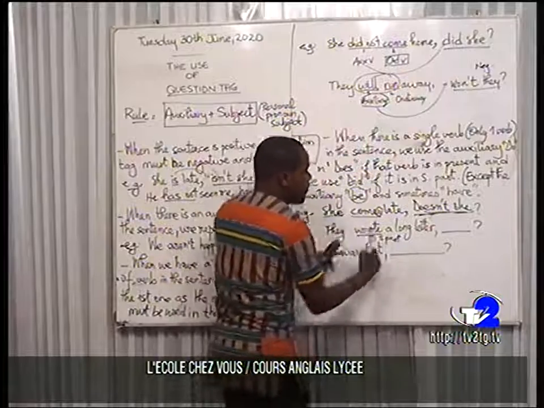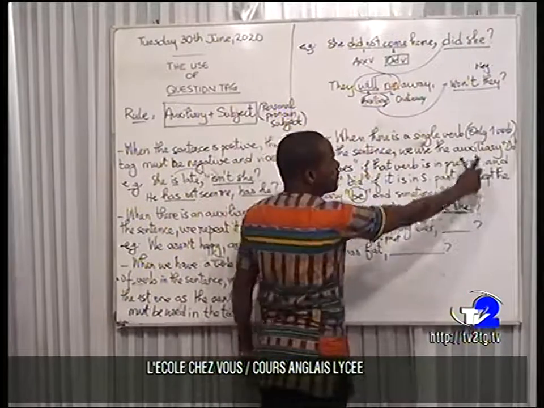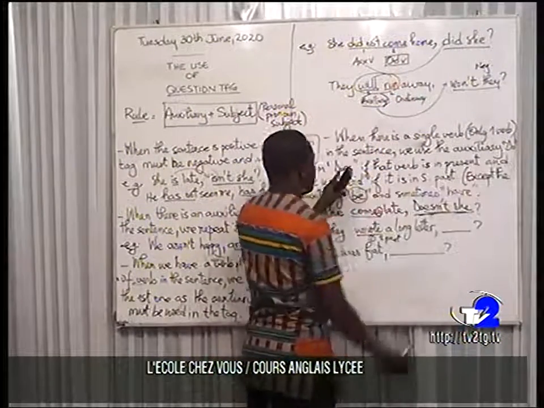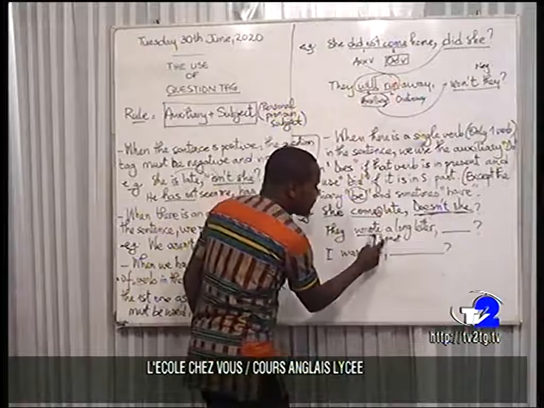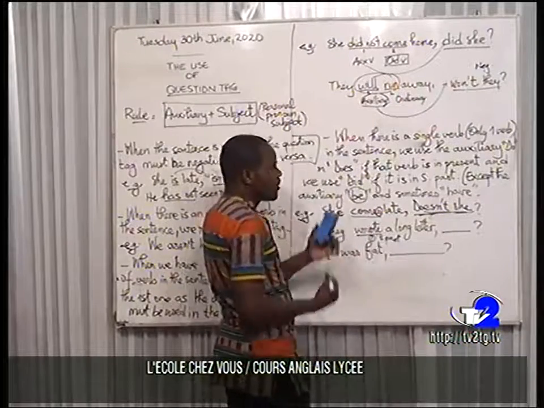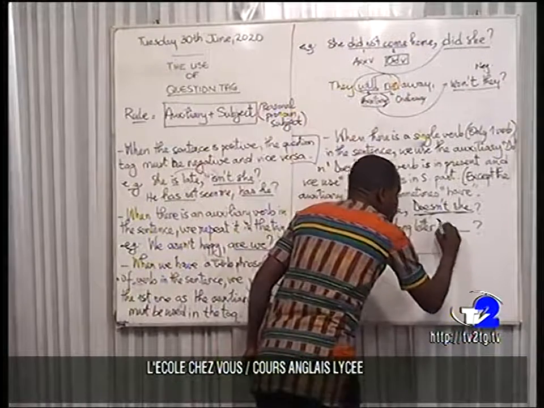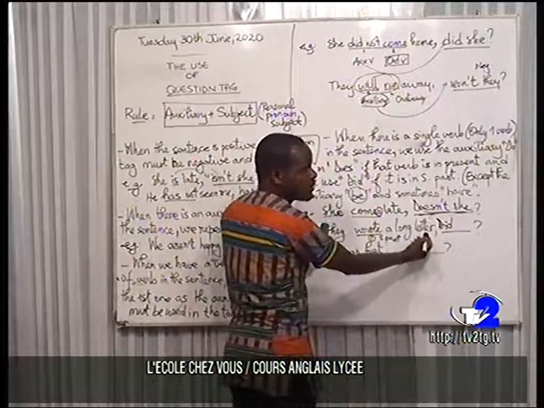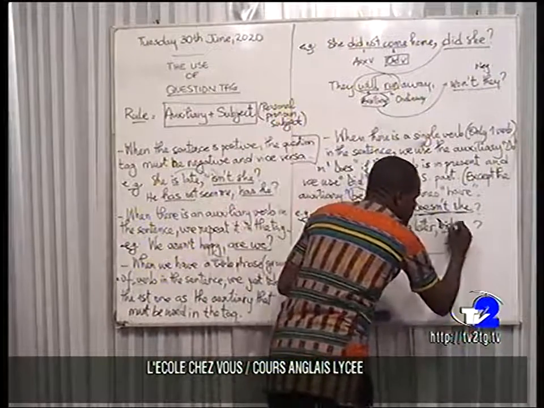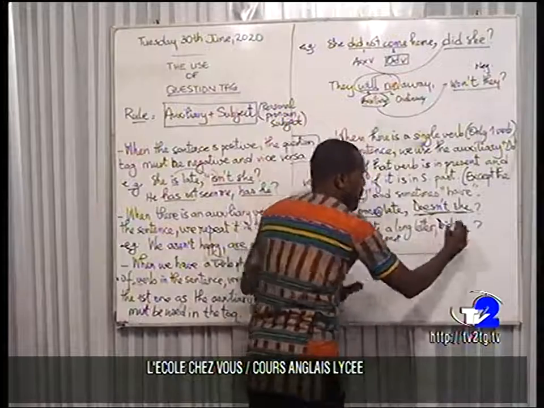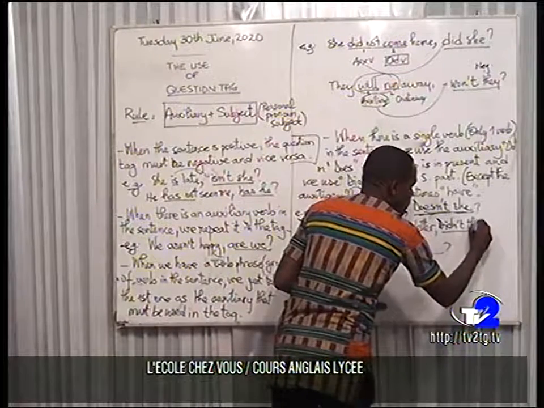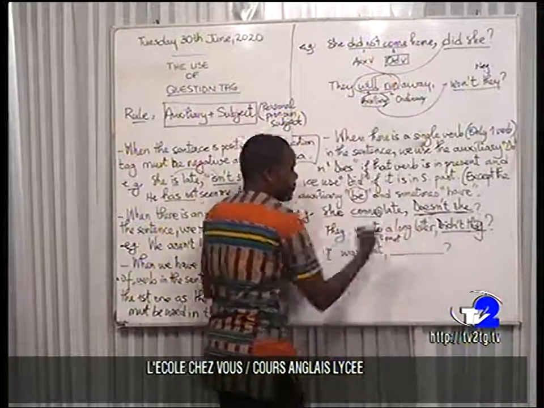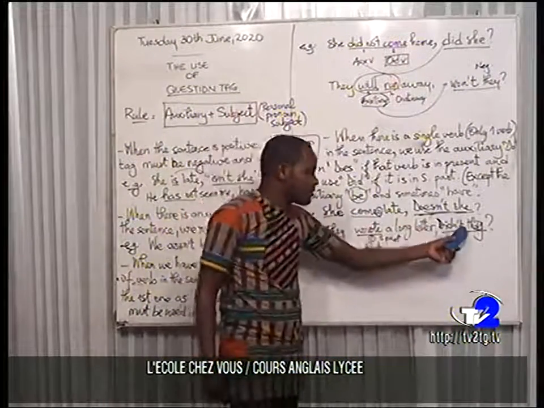The main verb is replaced by the auxiliary do or does. But if the verb is in simple past, we use did. So here we are going to use did. Now the sentence is positive. Our question tag should be negative followed by the subject. So we have to say didn't they. That is the question tag.